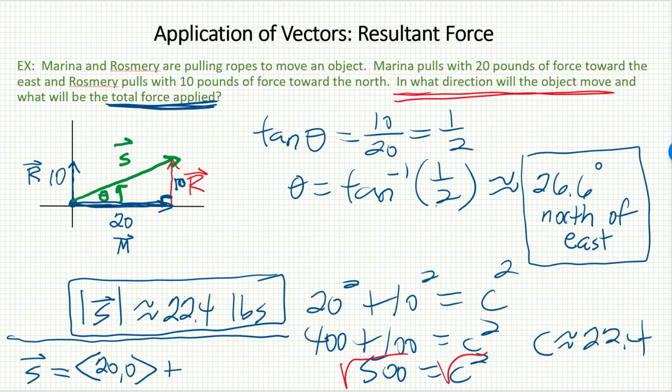And I can see that vector R is the vector 0, 10. It doesn't go left or right, it only goes up 10. Well, that means my name for vector S is very easy. Just add the horizontal components, 20, and the vertical components, 0 plus 10 is 10. And so here is a component form of vector S.